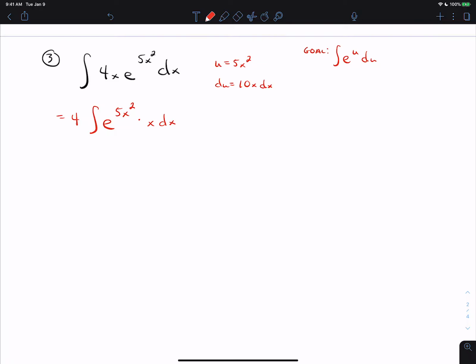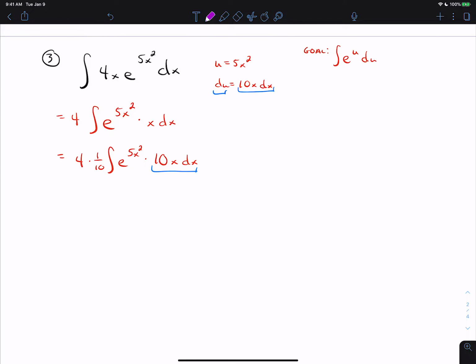So I want the du to be 10x dx, so I multiply inside by 10, outside by 1 over 10. Now if we notice, this 10x dx is the same as du.